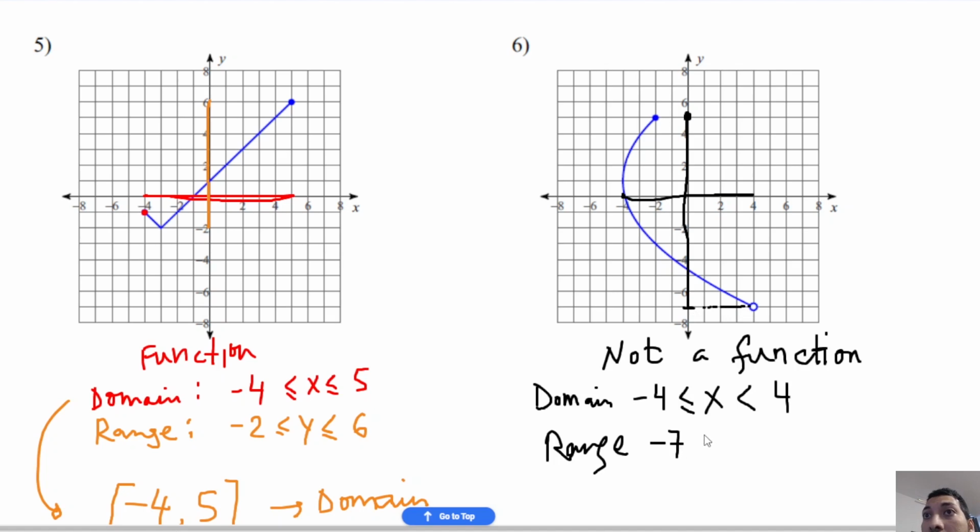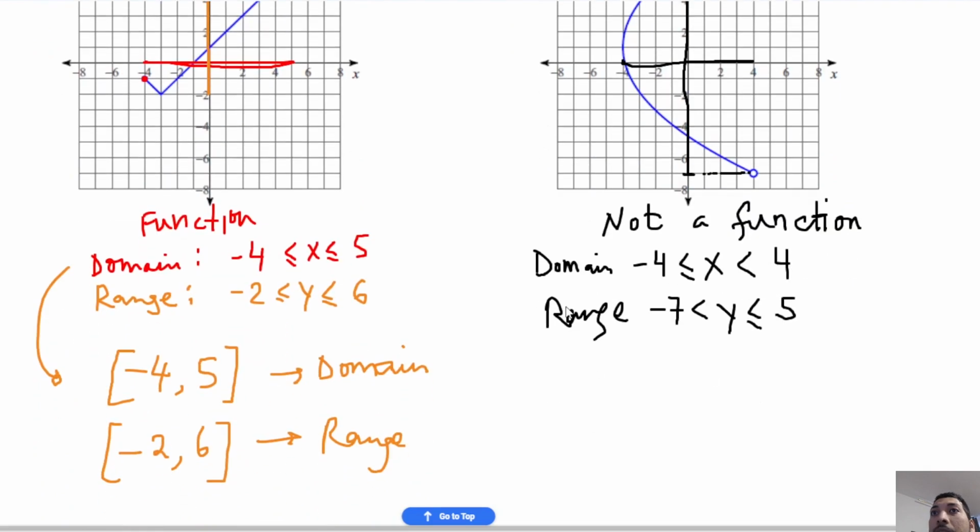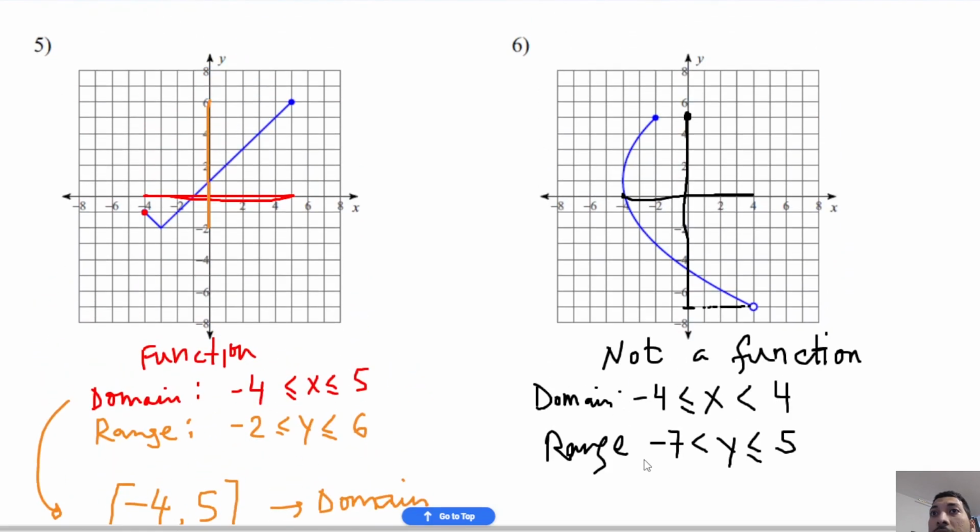Since this is an open circle, we just put less than. We don't need to put an equal sign underneath. Less than y, less than. The highest value is +5, but this +5 has a closed circle, so we need to put an equal sign and then +5. This is how we write the domain and range for this graph.